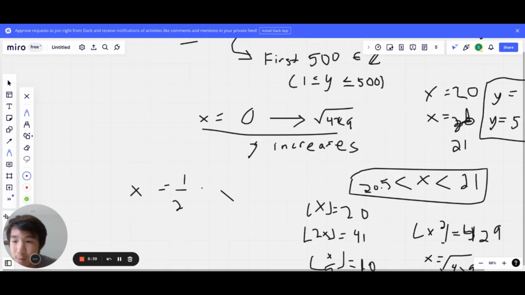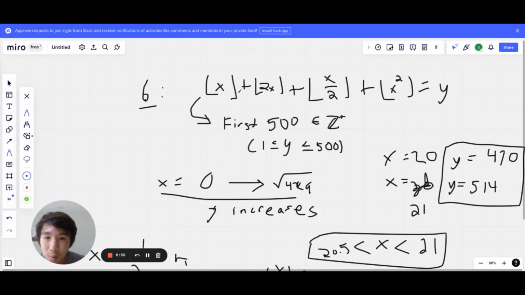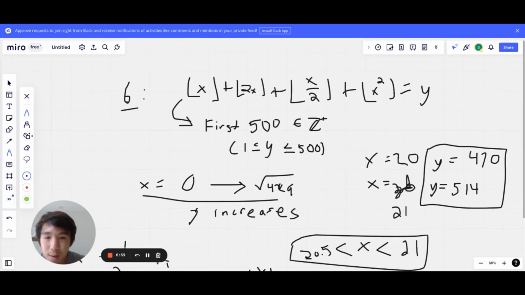That's pretty obvious because whenever the x increases and the x over 2 increases, the 2x will also increase. So these are contained within each other. So when x is a multiple of 1/2, then this whole left part will increase, and that's the only time this whole left part increases, and you can see why.